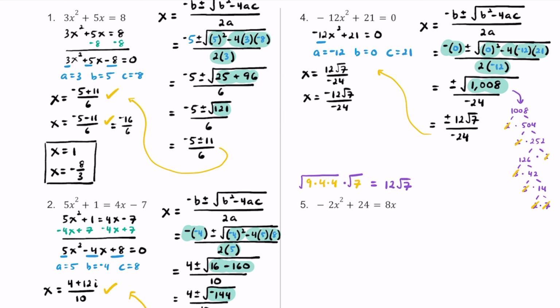For this top one, we have a 12 over 24, which simplifies to a half. So we can say x is equal to negative root 7 over 2. And then for our second solution, negative 12 divided by negative 24 is positive half. So we're going to get a positive root 7 over 2.